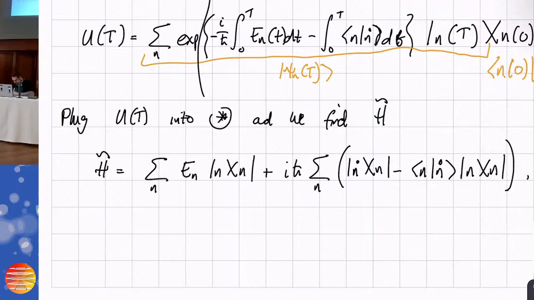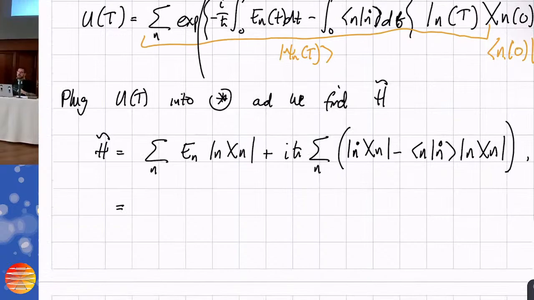Now, that does not look exactly the same as what we had derived earlier, but if you do explicit examples, it turns out to be exactly the same.